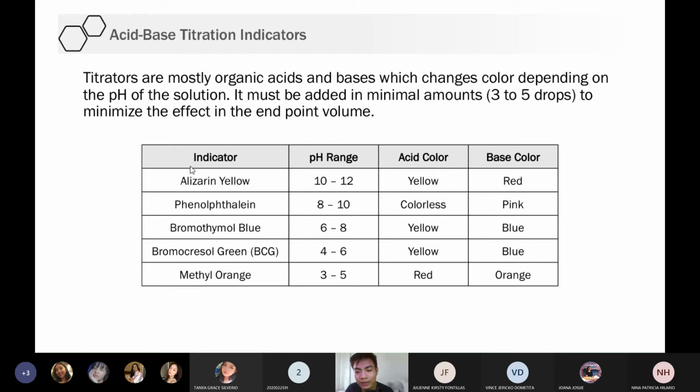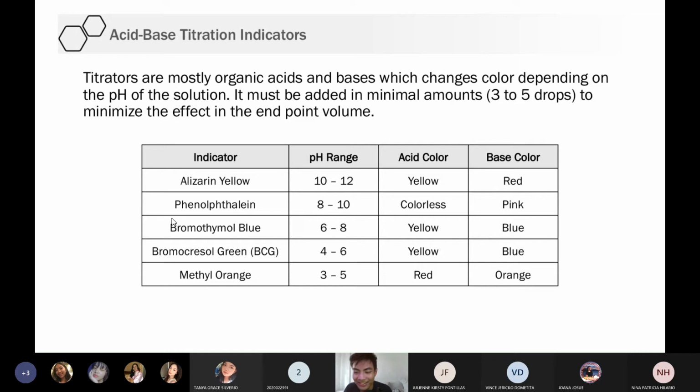So bakit kaya sila nagbabago ng kulay, you may ask. It has something to do with the electron distribution at different pH. Sa quantum mechanics kasi, depending on the number of electrons flowing around the molecule, there is a corresponding wavelength. Sa dami ng electrons doon. And the wavelength corresponds to certain colors. In short, sila yung mga molecule na kumukulay.